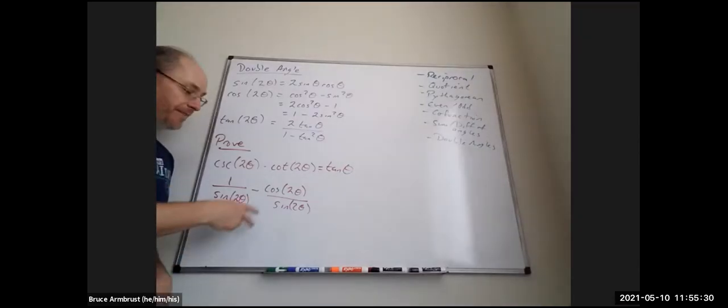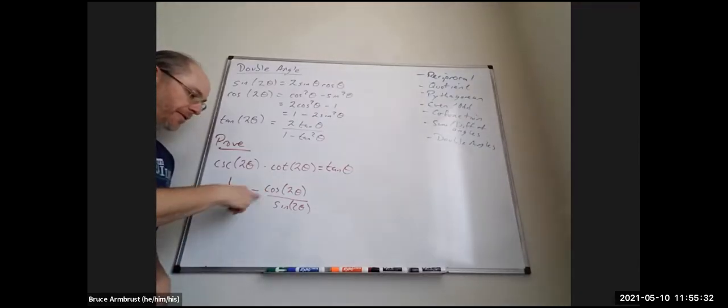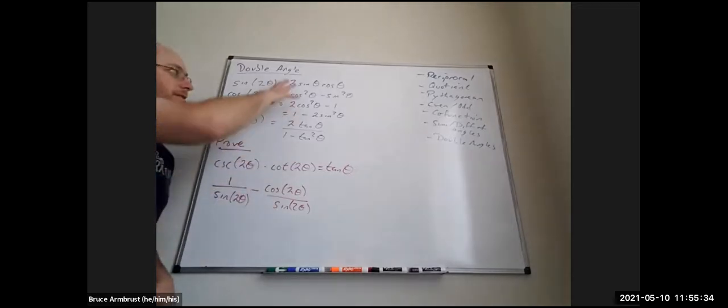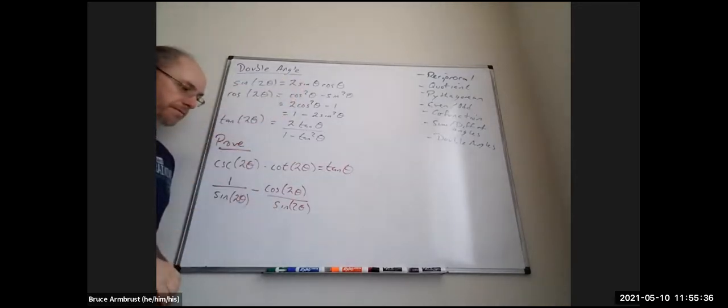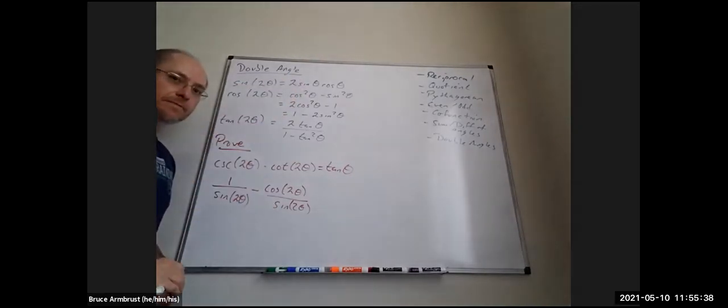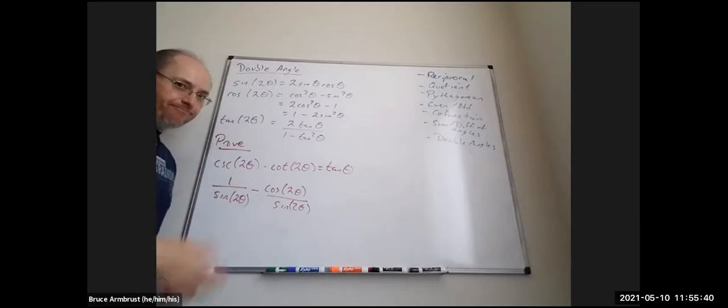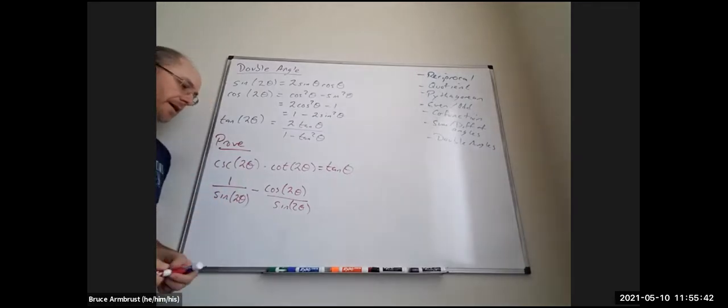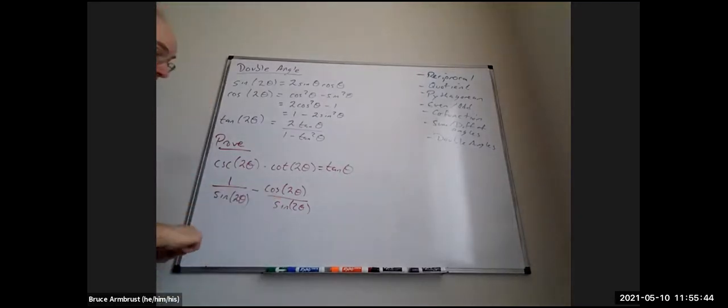And again, I can put stuff in for these because I've got identities for them. So when all else fails, go to sines and cosines. This now suggests an algebra step that I want to do. I want to just combine these into one fraction since they have the same denominator.